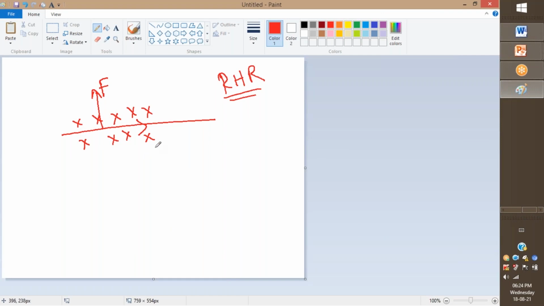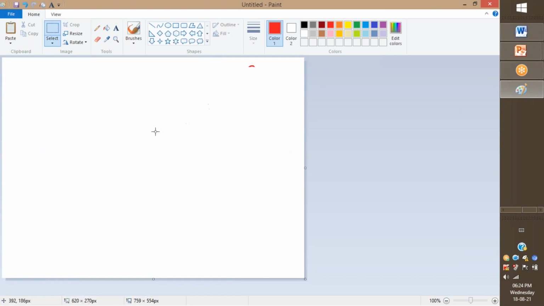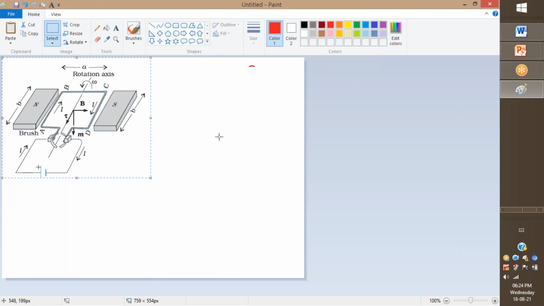So in this case, if we want to calculate quantitatively the forces on the arms, what will those be? I'll show you here. So look here.